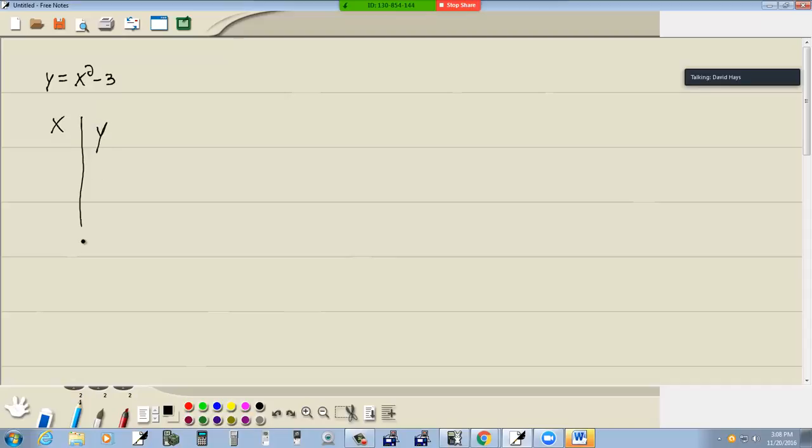We want to build a t-chart, and you plug in values. Well, plug in negative 1, 0, and 1. For x equals negative 1, we'll plug that in to our equation. So we've got y is equal to negative 1 squared minus 3. Negative 1 squared is 1 minus 3. So that gives us negative 2.